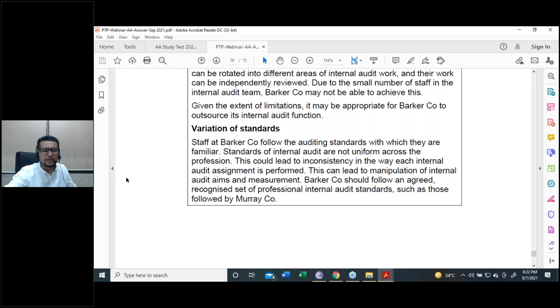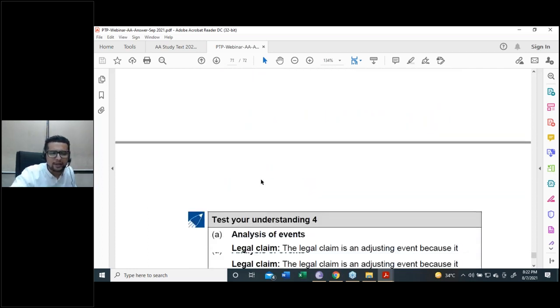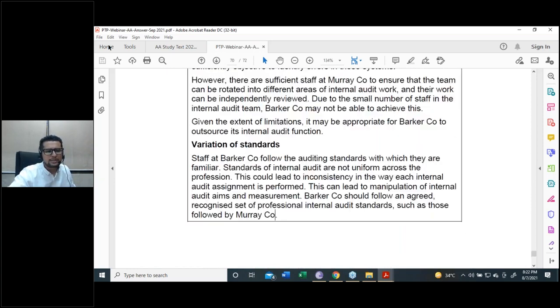Staff at Murray Company follow the international auditing standards and they're consistent. Obviously, that leads to quality. On the contrary, the staff at the other company, what do they follow? Random haphazard standards. As a result, they won't be able to maintain quality and consistency. Is this clear? Are we done? Is this clear?